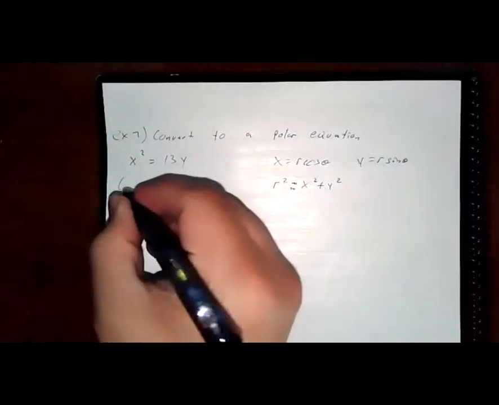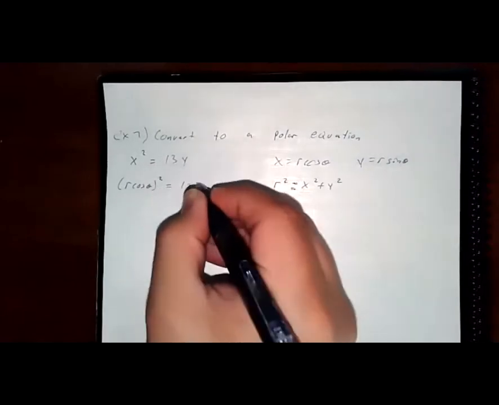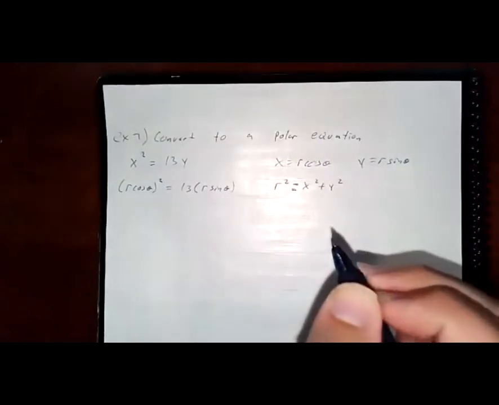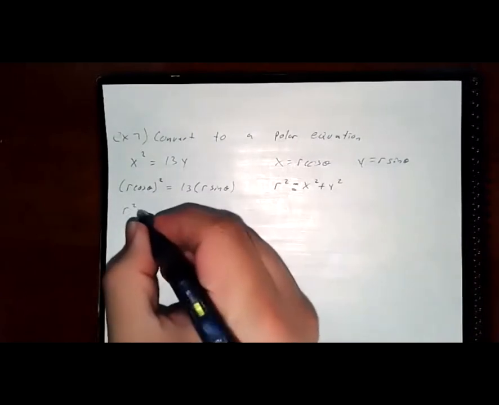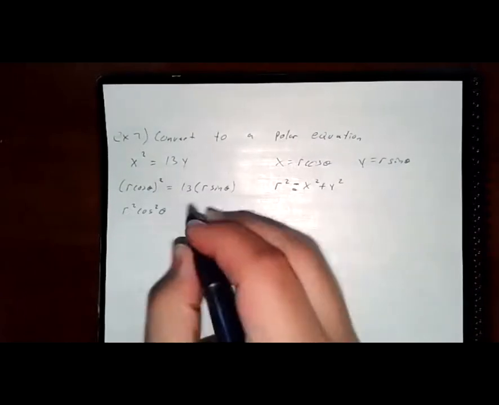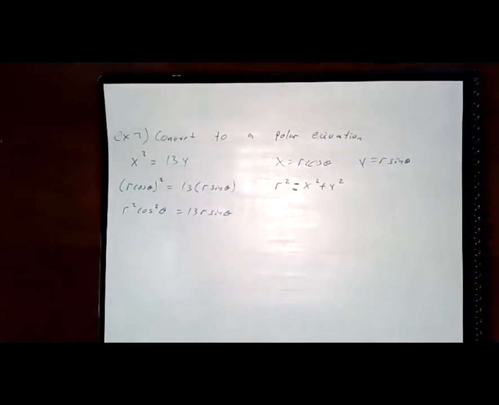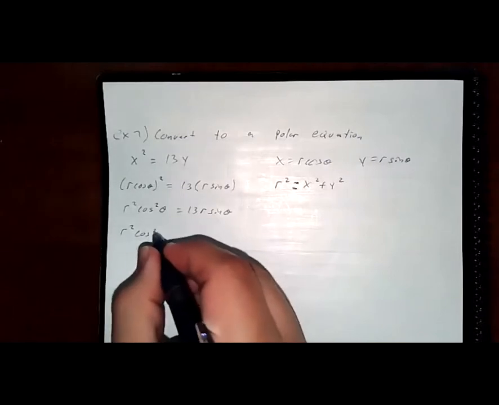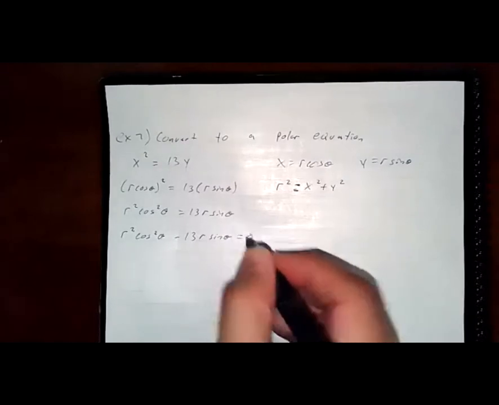So this would simply be (r cosine theta) squared equal to 13 times r sine theta. So that would be r squared cosine squared theta equal to 13r sine theta. Now I'm going to subtract this over. This would be r squared cosine squared theta minus 13r sine theta equal to 0.